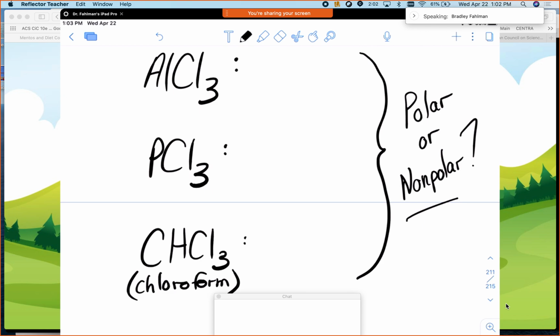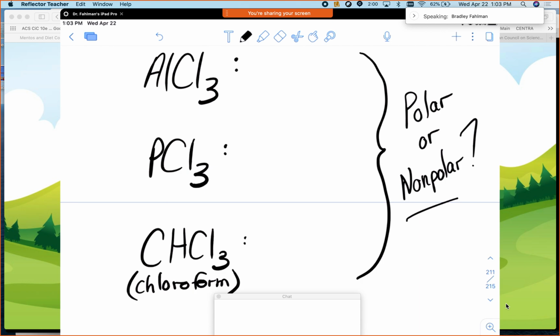Okay, so this is it, and I want to really have this as a capstone experience. We're going to talk about all kinds of things today, but it's all related to intermolecular forces, and for that we have to remember how to determine whether individual molecules are polar or nonpolar.